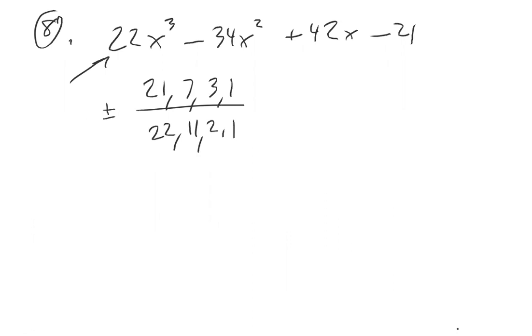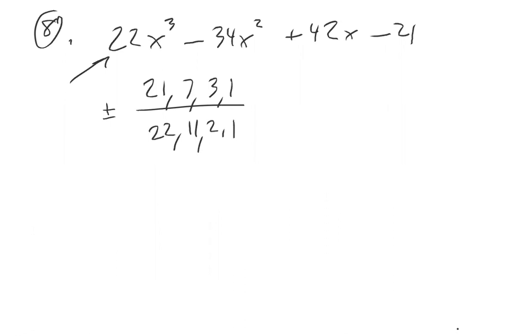So that means it will have, for example, 21 over 1, which is 21, or 21 over 2, or 21 over 11, or 21 over 22, right? So it could be any of those 4 answers. Then it could also be 7 over 22, or it could be 3 over 11, or 3 over 22, or it could be 1 over 22.